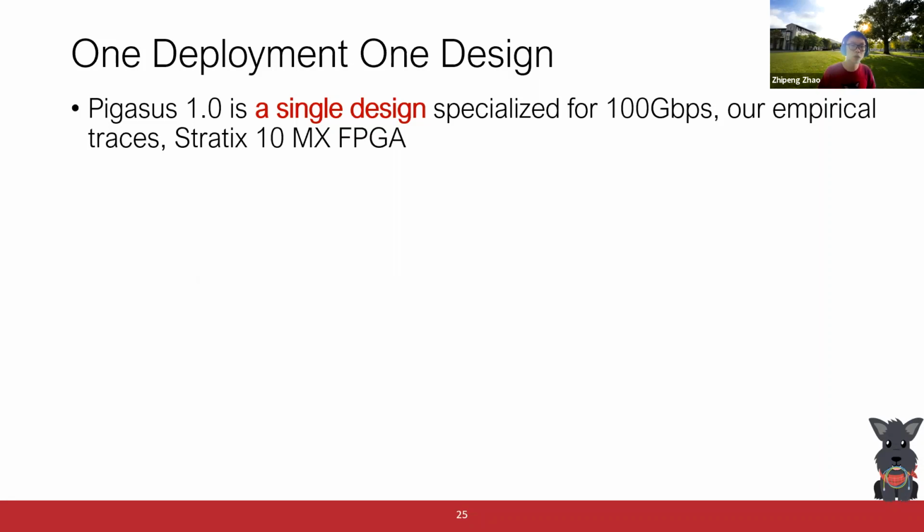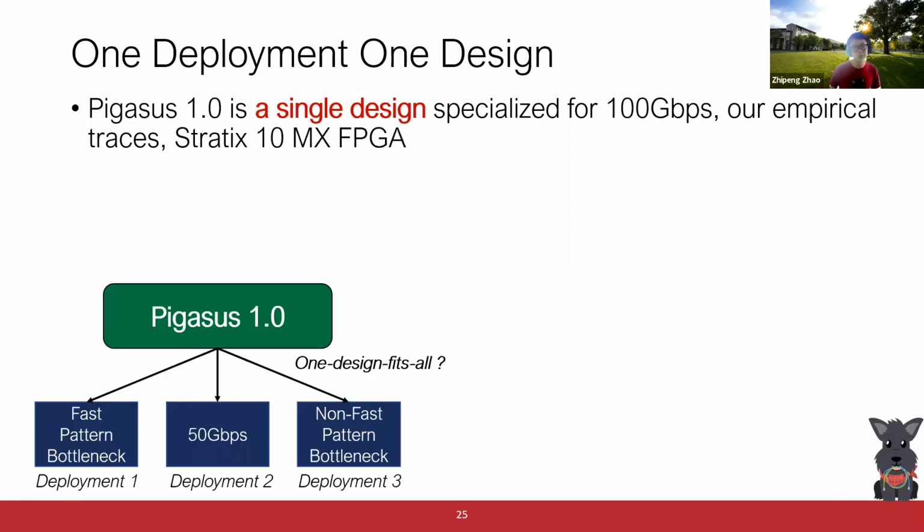The problem of our common case tailoring design is that it is so brittle. If the deployment changes, the same design may not remain efficient. Actually, in our initial development of Pigasus, Pigasus 1.0, we followed the traditional design mindset of FPGA, where the outcome is a single design that's specialized for 100 gigabit per second for our empirical traces and for the Stratix 10 MX FPGA.